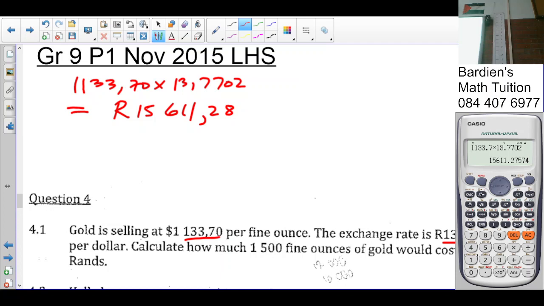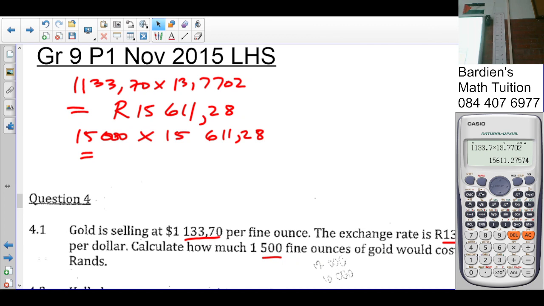So how many ounces are they interested in? 1,500. So it's 1,500 ounces at 15,611.28 rands per ounce. So you take an ounce and multiply it by 1,500. Okay?